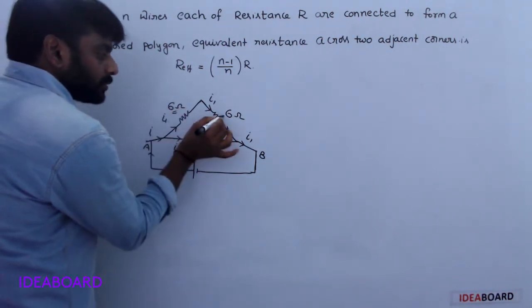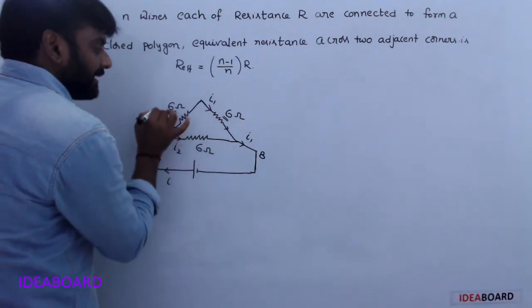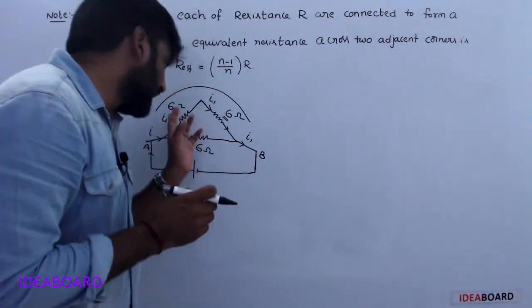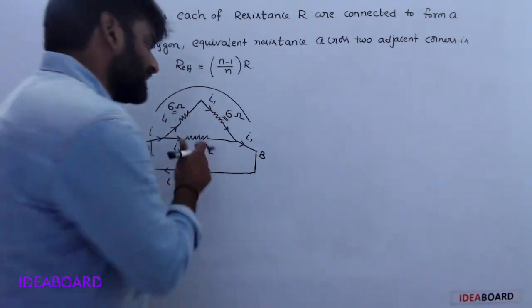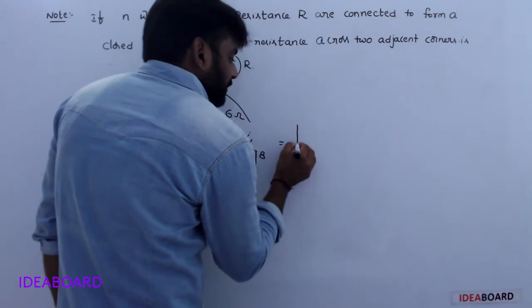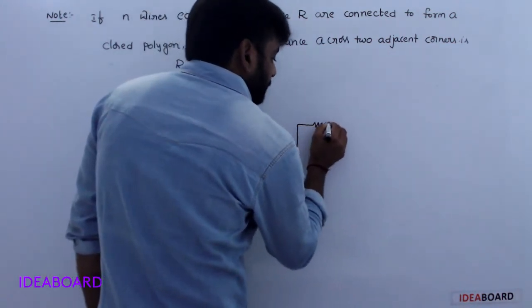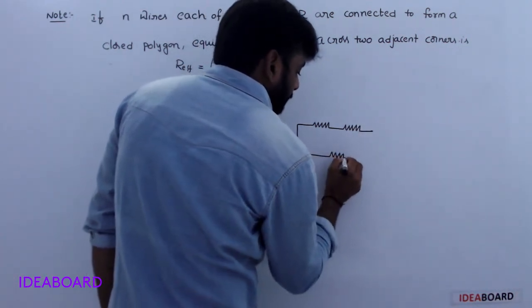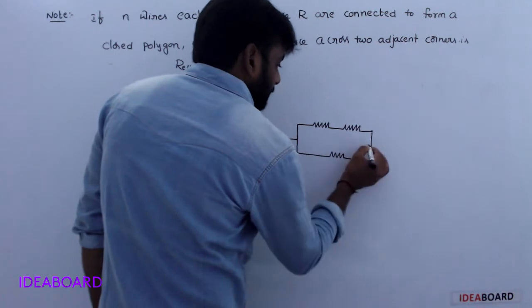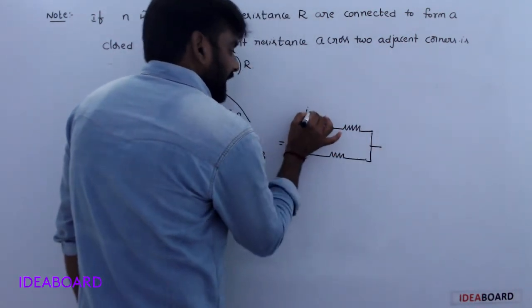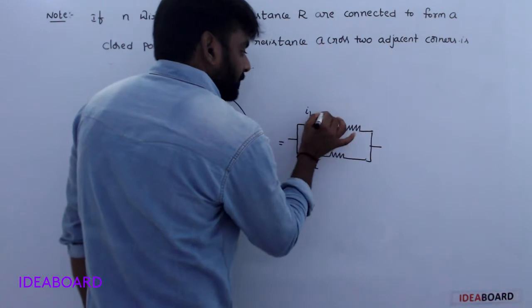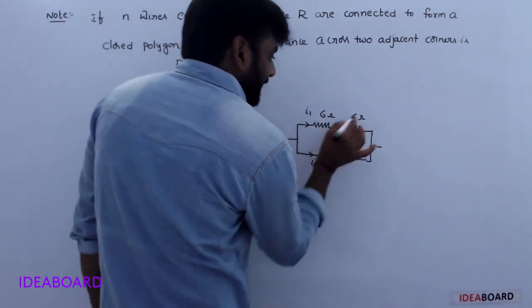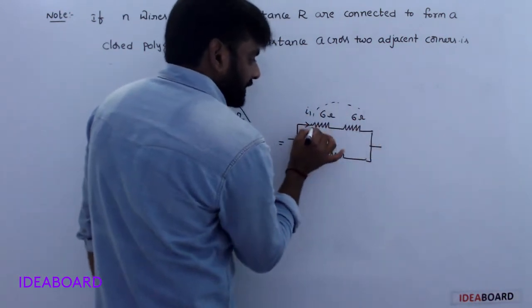Through this resistor the current is the same, which means these two are in series. Its equivalent circuit is this one. Here current is I1, here current is I2, with 6 ohm and 6 ohm. These two are in series.